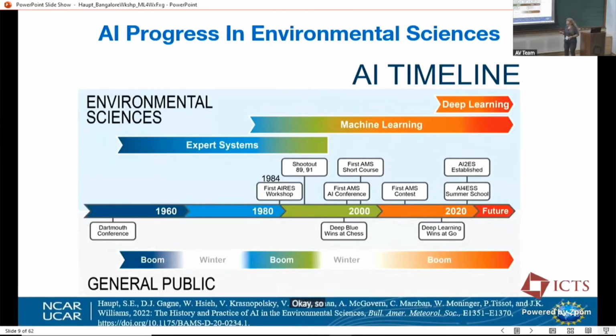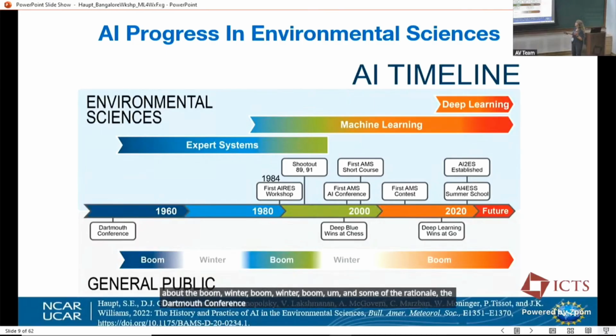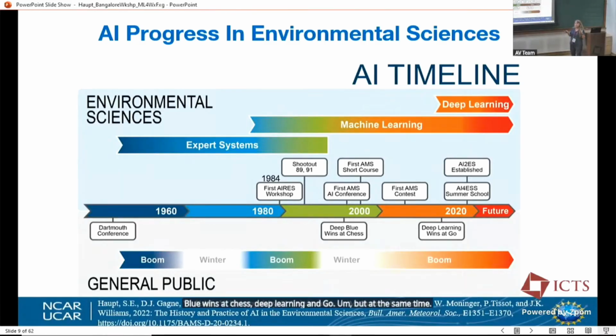Okay, so in the environmental sciences, here's the one that we talked about before, the boom, winter, boom, winter, boom. And some of the rationale: the Dartmouth Conference in '56, Deep Blue wins at chess, deep learning and Go. But at the same time, in the American Meteorological Society, which is where I was studying the history, the first workshop on AI for Earth Sciences was in 1984, hosted by NOAA originally.